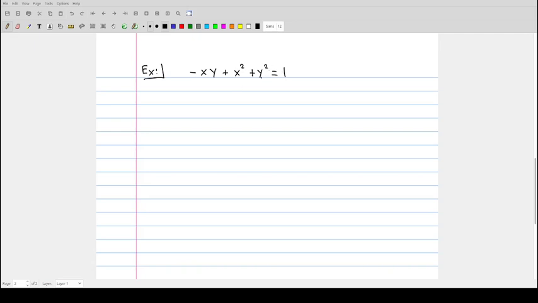So this is the level curve of this function of x and y. So our f of x, y is this function right here. Specifically, it's the level curve when this function is set equal to 1.